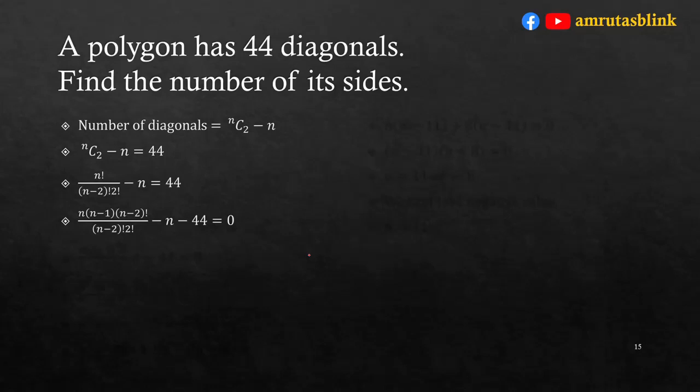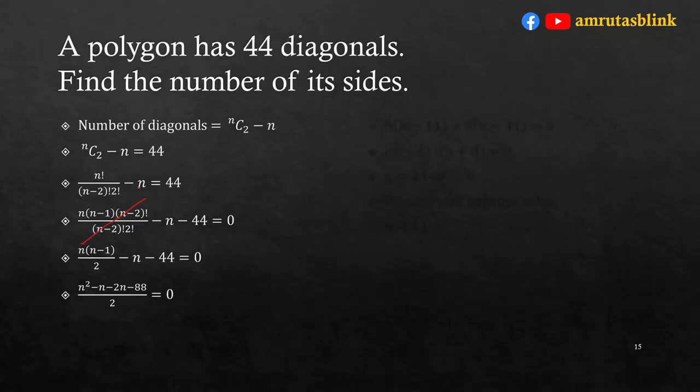So n factorial is equal to n into n minus 1 into n minus 2 factorial, upon n minus 2 factorial into 2 factorial, minus n, and minus 44 is equal to 0. So this minus 44 we will bring to the left hand side. So what we have is n into n minus 1 upon 2 minus n minus 44 is equal to 0.